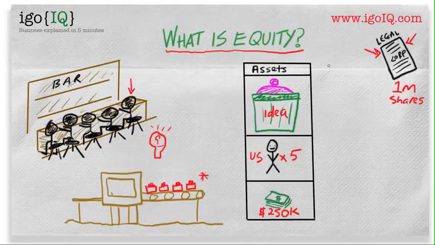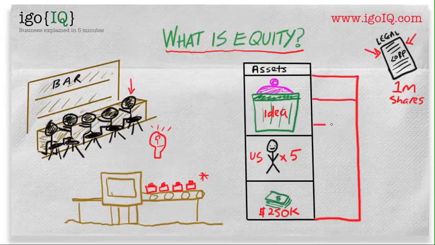And given that there's 5 of us in the company, because we all put in $50,000 and we're all going to commit the same amount of time, we've decided that we're going to divide the company up equally between the 5 of us. So 1, 2, 3, 4, 5. In which case, each of us would get 200,000 shares of the cupcake business.